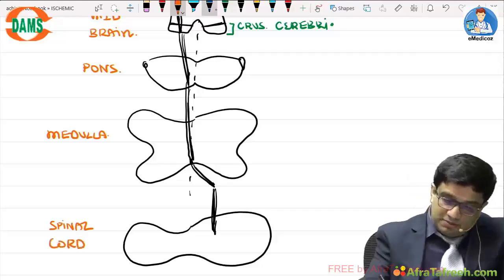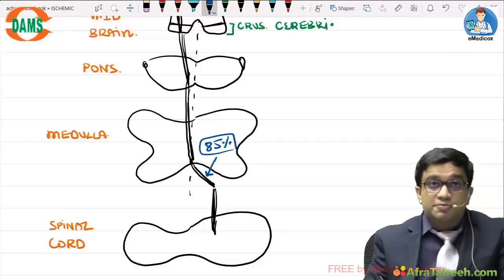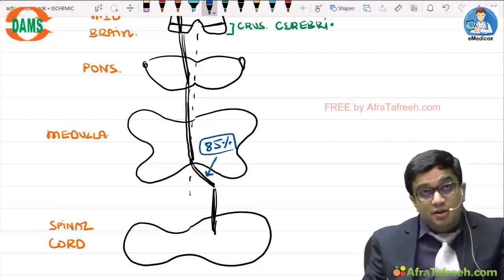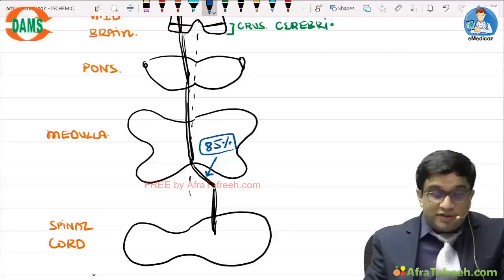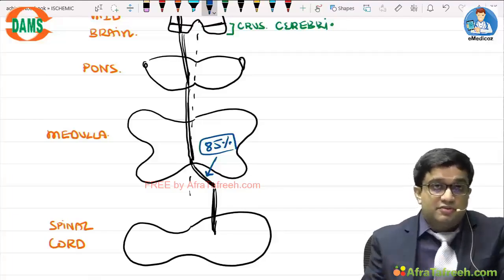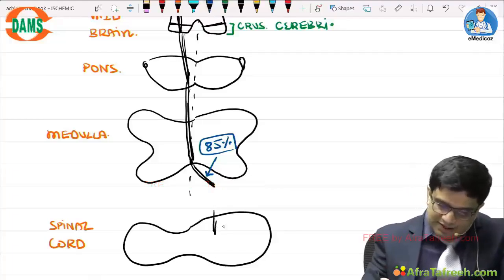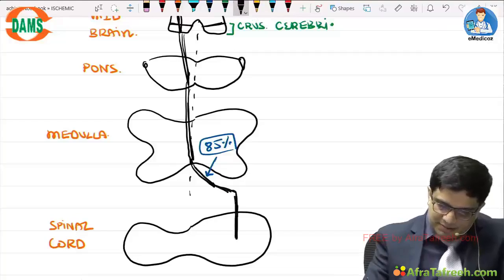Now approximately 85% of the fibers descending down in the corticospinal tract are going to cross the midline at the lowermost part of the medulla, okay? And now they come down in the spinal cord, right? Now when they come down, they again place themselves more laterally. So I'll make the exact diagram for you. The placement again is not medial, it's more lateral this time, like this.